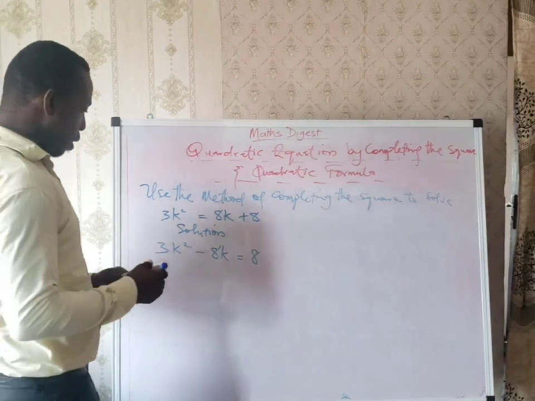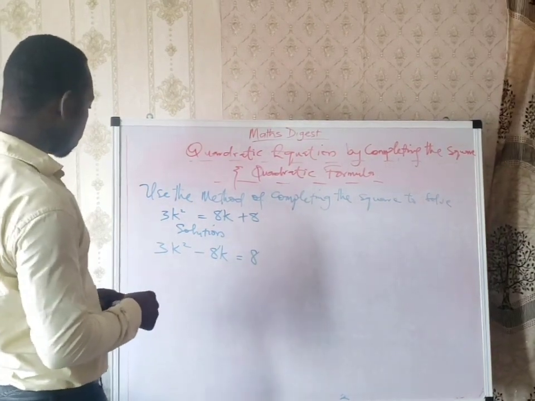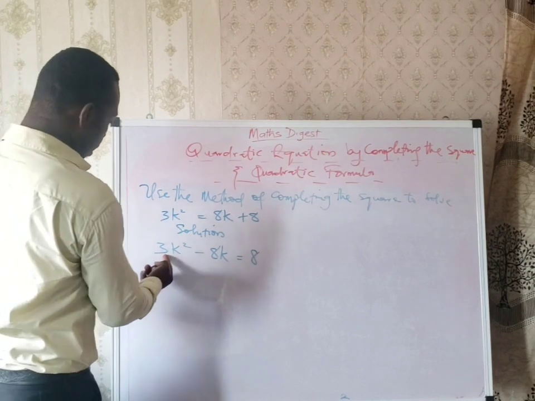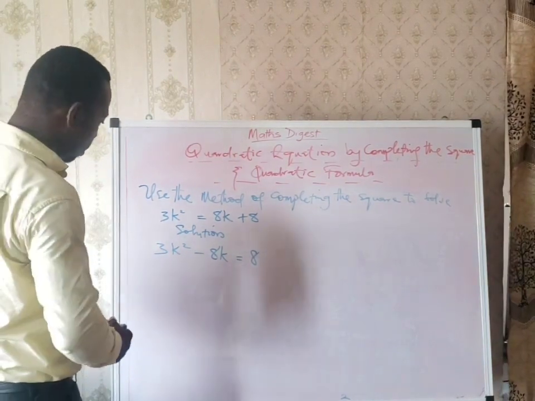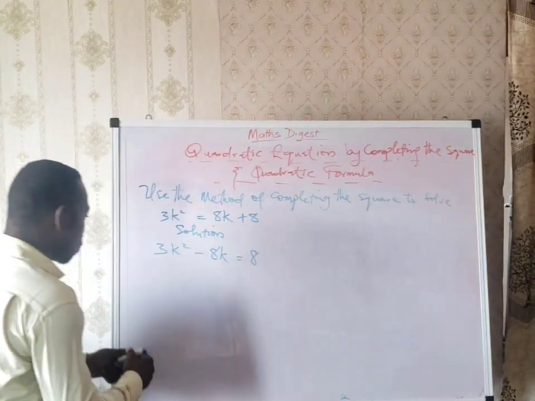Now we are going to make this coefficient of k squared to be 1. That we say divide through by 3.